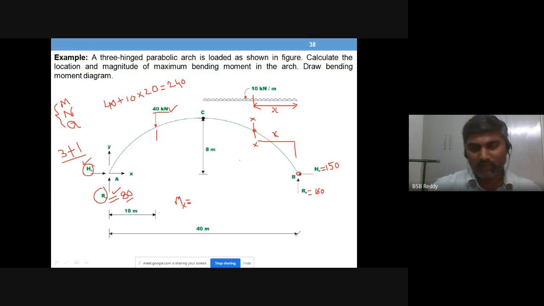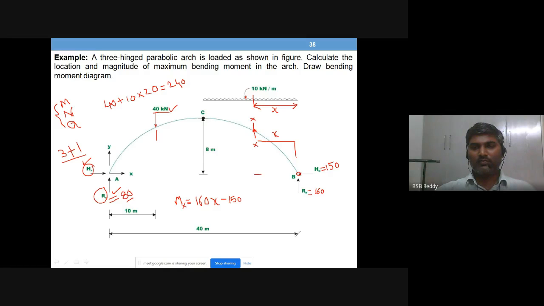So to write M_x now, sum of all moments to the right. I told you that whenever you write moment at a section, you should follow the sign convention. So 160 into x is going to be anti-clockwise. Okay, so write anti-clockwise positive. Next, it will be minus 150.